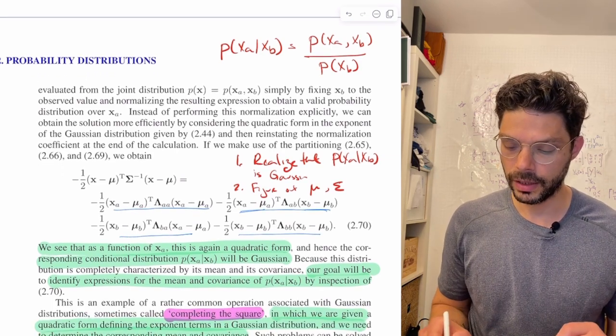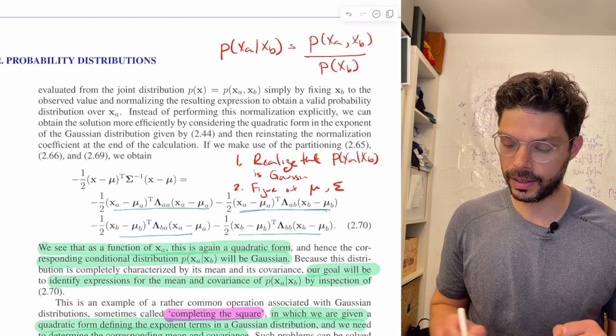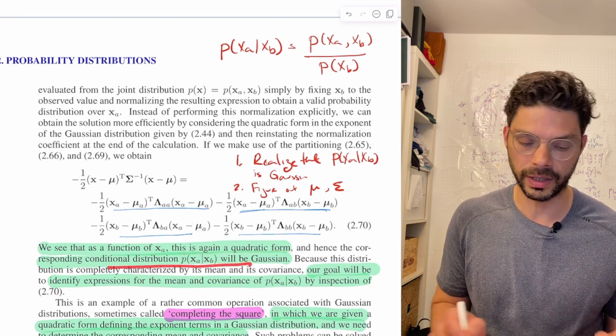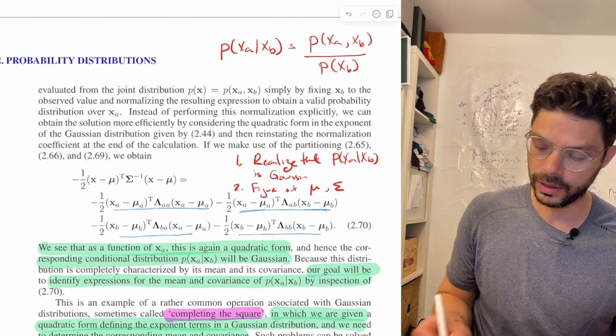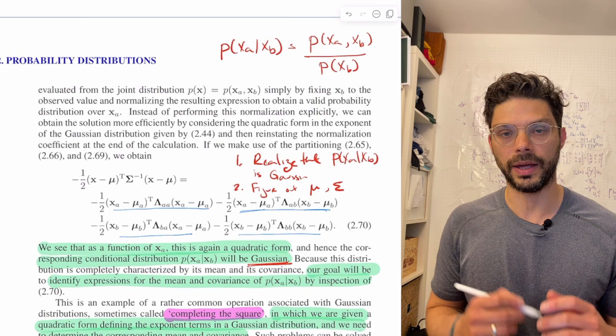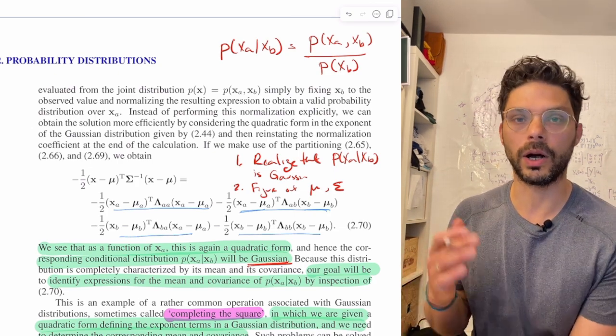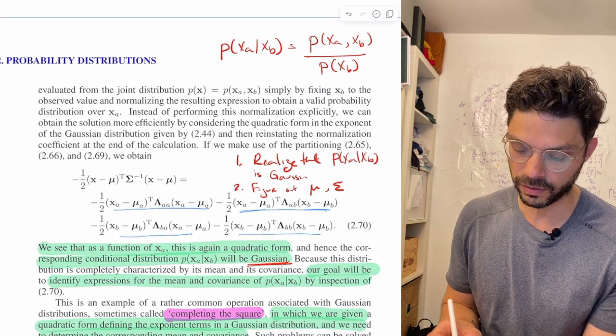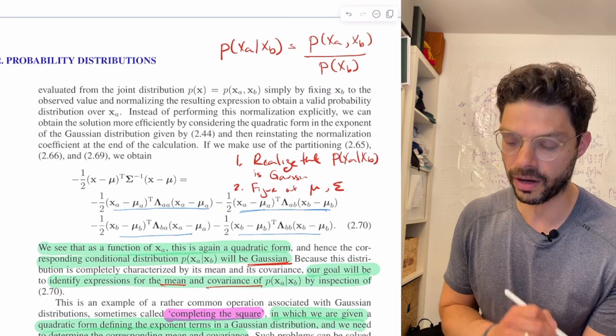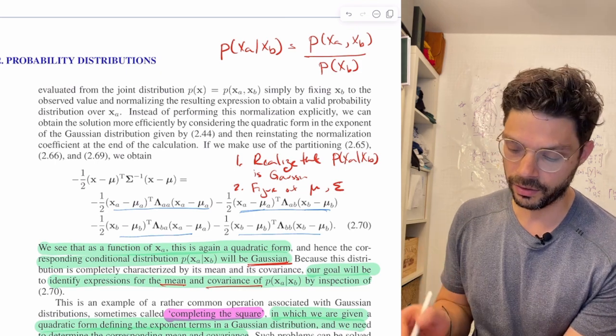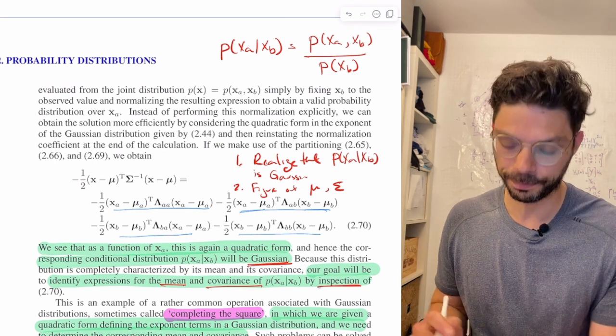So this is again a quadratic form, and hence the corresponding conditional distribution will be Gaussian. That's a real lifesaver. When we notice that, our life is easy, because now we just need to figure out what the mean and the covariance are. But how are we going to do that? Well, we can essentially do it by inspection.